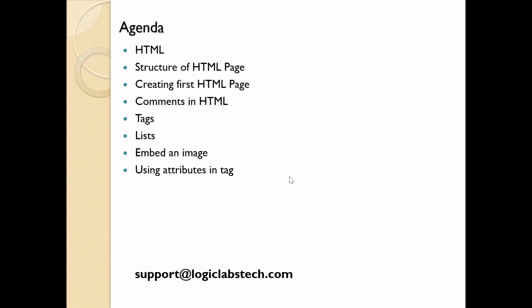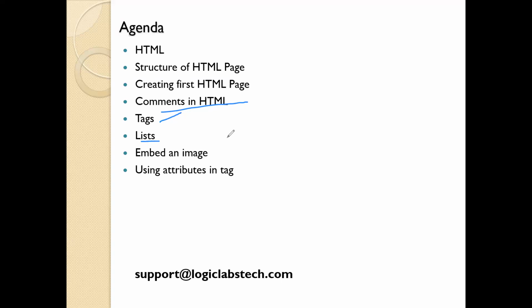In this session, you will experience what is HTML, how to write an HTML page, how to create a first HTML page, and how to write comments in HTML. HTML code is written in the form of tags. You will have an exposure to tags. A very frequently used tag in HTML is the list. How can we create a list and have list items? We'll be discussing this.